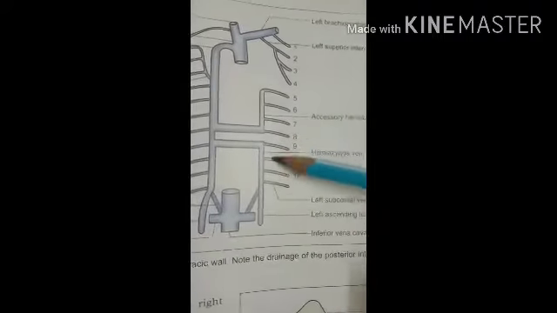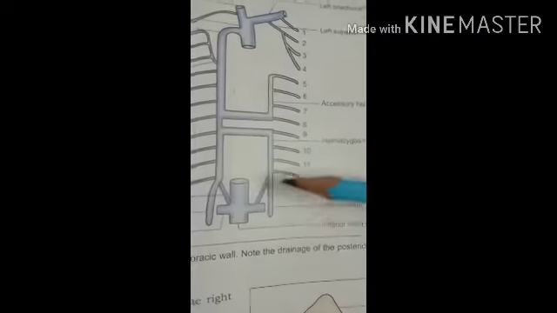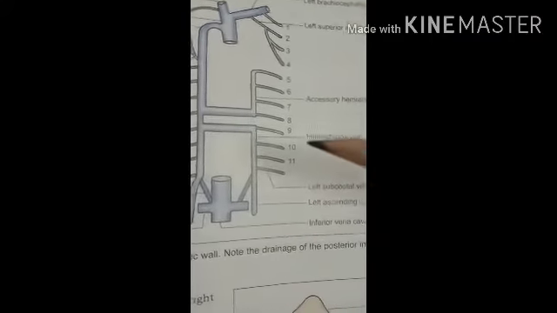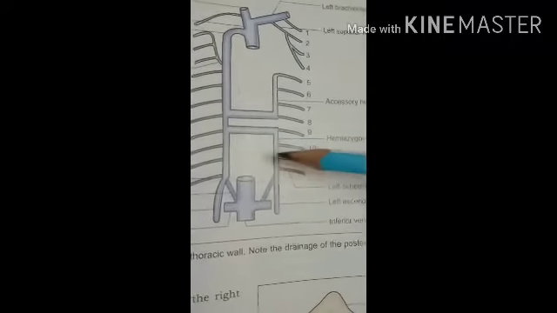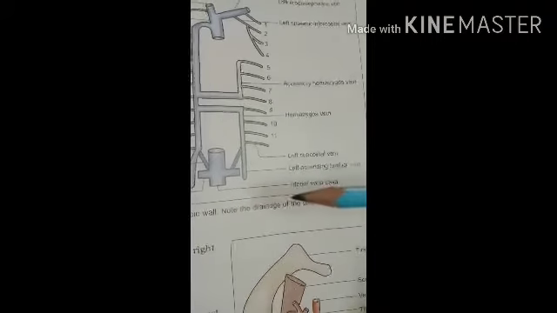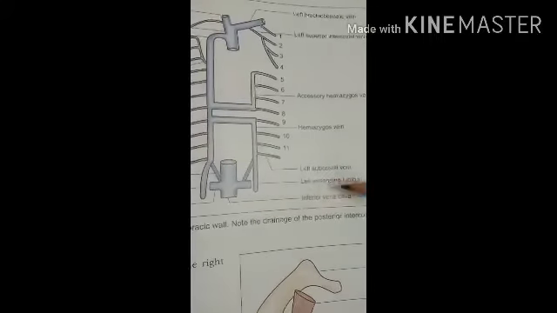So this one is the hemiazygos vein. Similar to the azygos vein, it is formed by the union of the left ascending lumbar vein and the left subcostal vein.